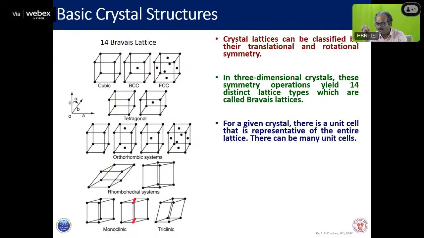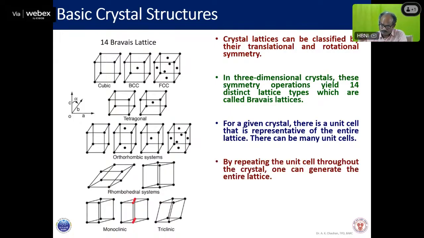That is possible by having an integer multiple of the volume of the primitive unit cell. However, the primitive unit cell is that unit cell which contains only one lattice point. So by repeating the unit cell throughout the crystal, one can generate the entire lattice.